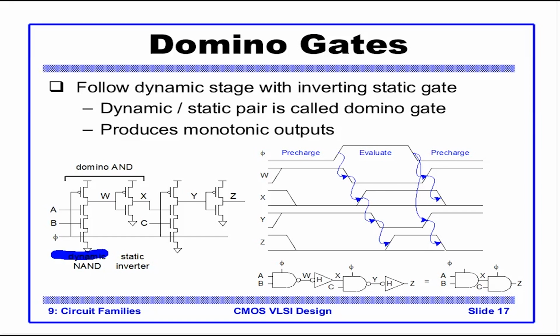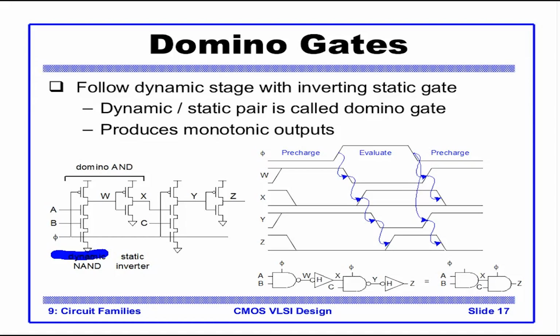The NMOS network here represents a NAND gate, and we add a static CMOS inverter to it. So NAND plus an inverter becomes an AND, and the union of this dynamic NAND and a static inverter is called a domino AND. So domino is simply a dynamic gate followed by a static CMOS inverter. This solves the problem of monotonicity for us.